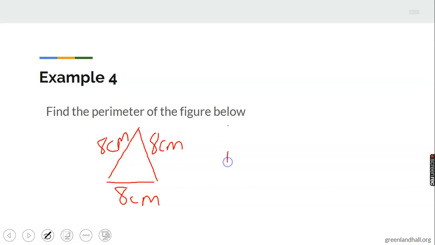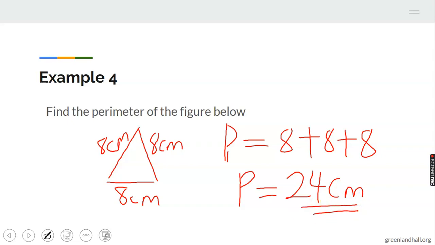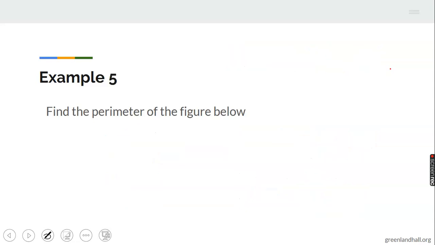So the perimeter of this plane figure is 8 plus 8 plus 8, and that will be 24 centimeters. 8 plus 8 is what? 16. 16 plus 8 will give you 24. So the perimeter of a triangle is A plus B plus C. Do you see that I'm adding centimeters at the end? If it is in meters, you add meters.